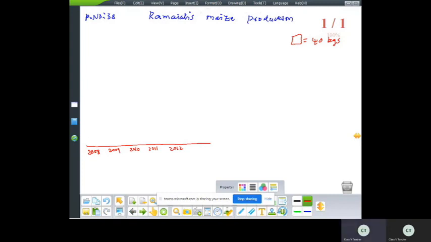In 2008, only 2 boxes. In 2009, 3 boxes.